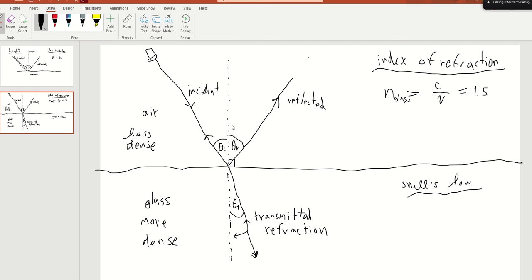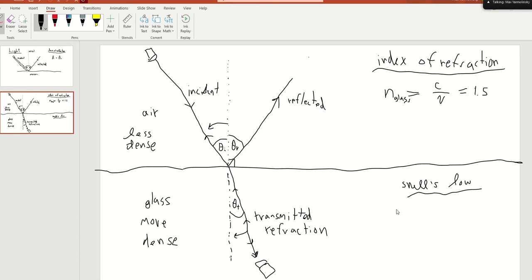In this case, it will bend more away. It depends which way you're shining the light, but you're going to get the exact same shape, just with a different direction. You can go either way with shining the light.